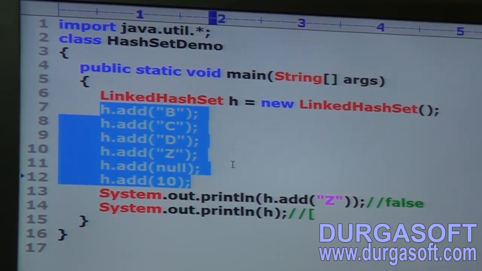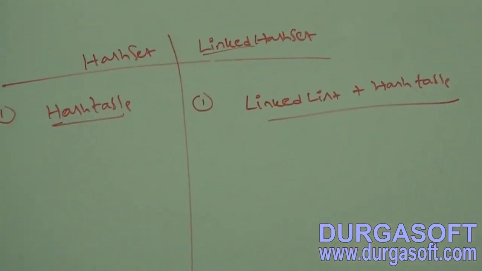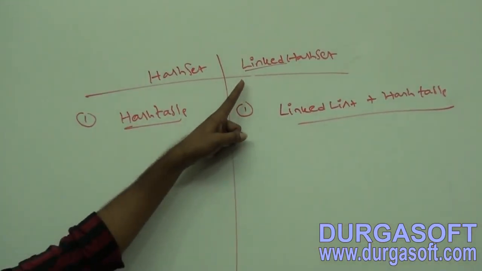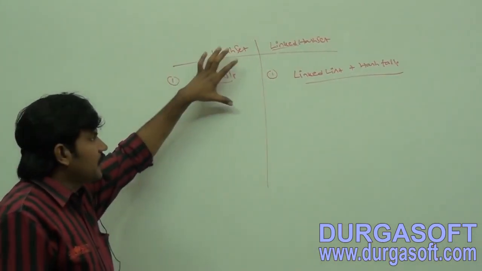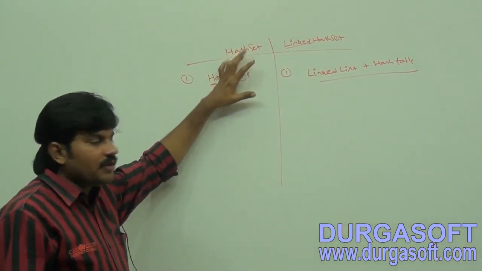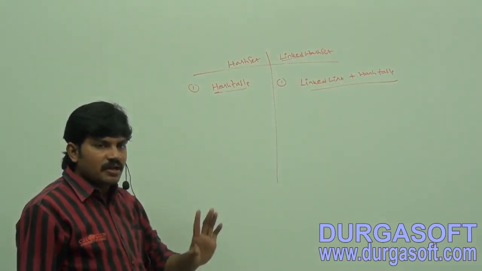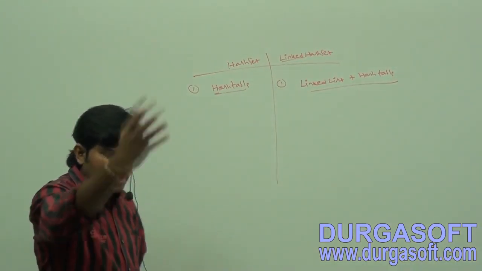Can you tell what is the difference between hash set and linked hash set? Everything is exactly the same, only one difference. In hash set, insertion order is not preserved, but in linked hash set insertion order is preserved. Clear for all of you at this point?